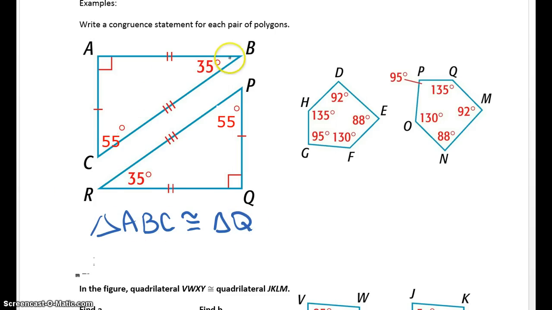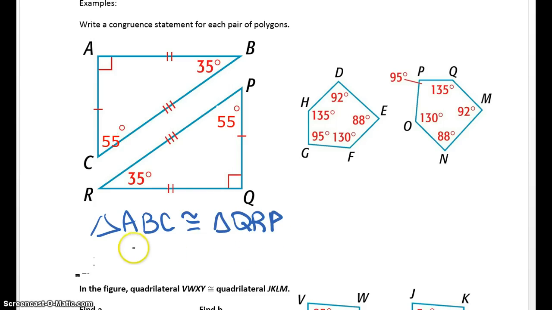So look up here, and angle B was 35 degrees. What does that correspond to in the second triangle? R. So Q, R, and then it will finish with P, because P should correspond to C. P is 55, C is 55. So the order is very important. So triangle ABC is congruent to triangle QRP.